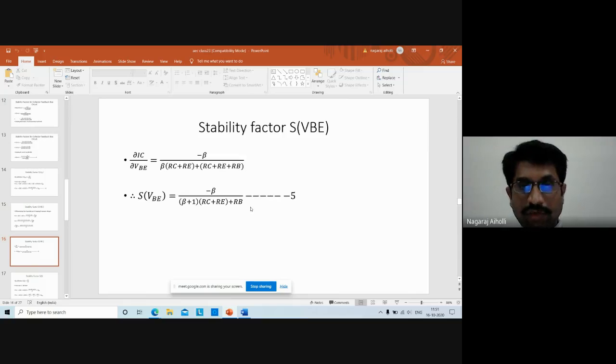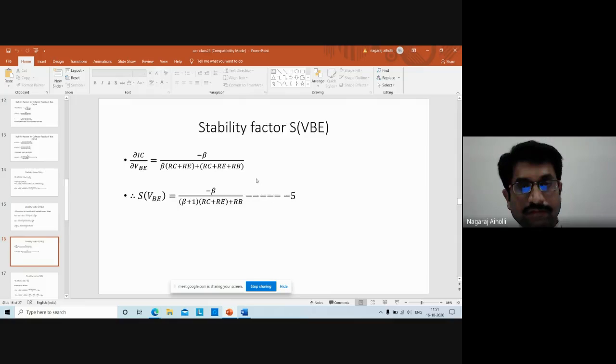Again, to derive S of VBE for the collector feedback bias circuit, we are considering the input portion of the circuit.